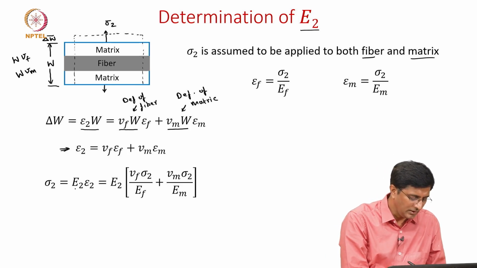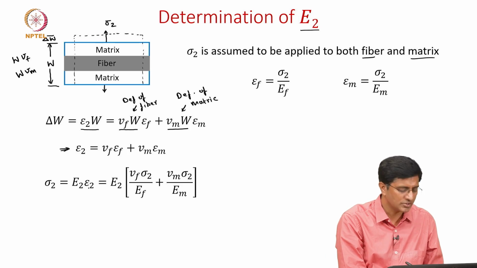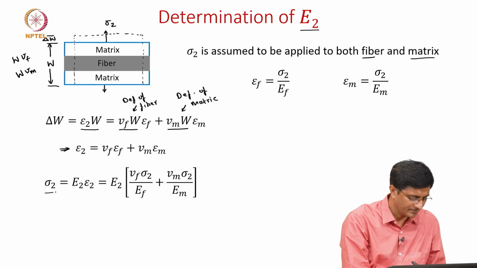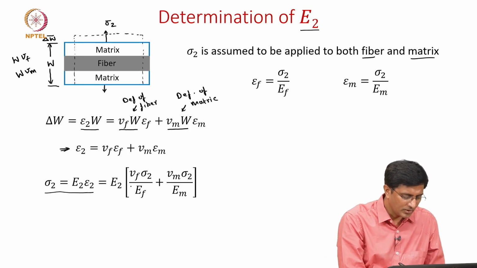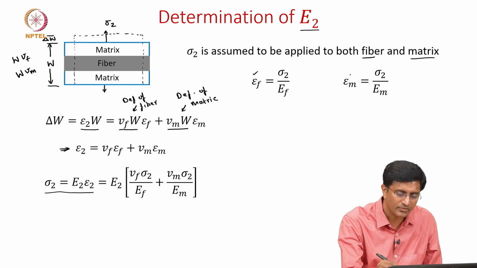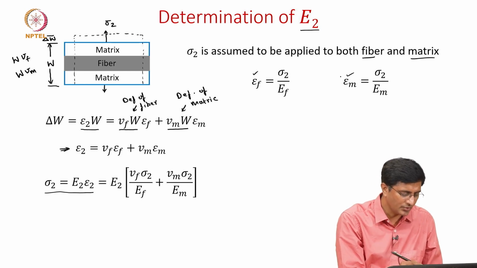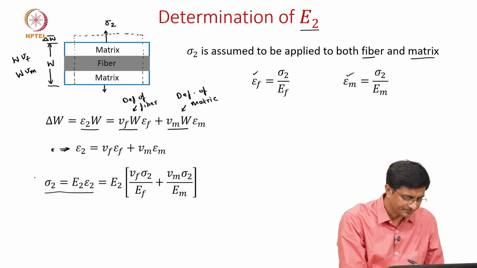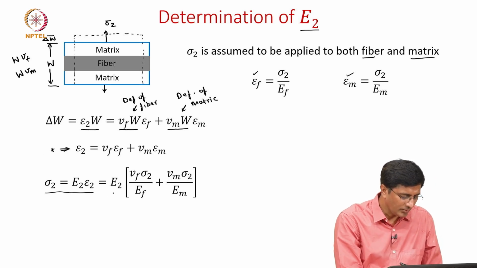What does modulus times the strain give us? We know it is the stress. Similar to the right side of the equation, we are writing again E2 times what is given here. Here we have used this expression for strains in the fiber and the matrix and substituted in this equation. Now we are able to write in terms of E2.